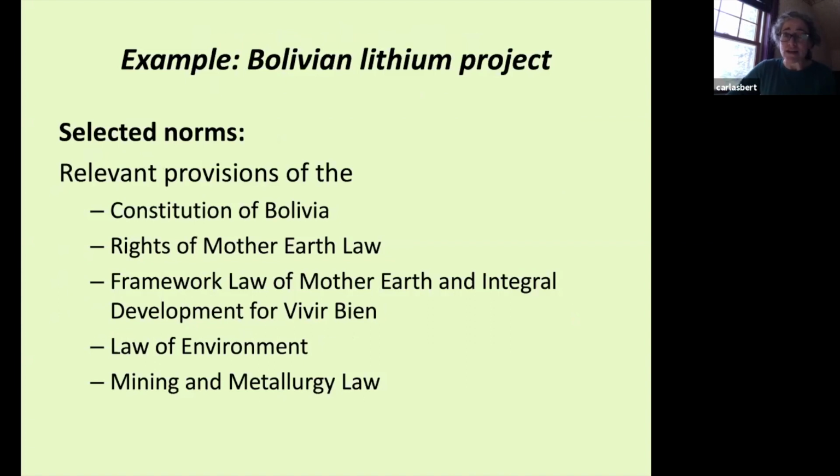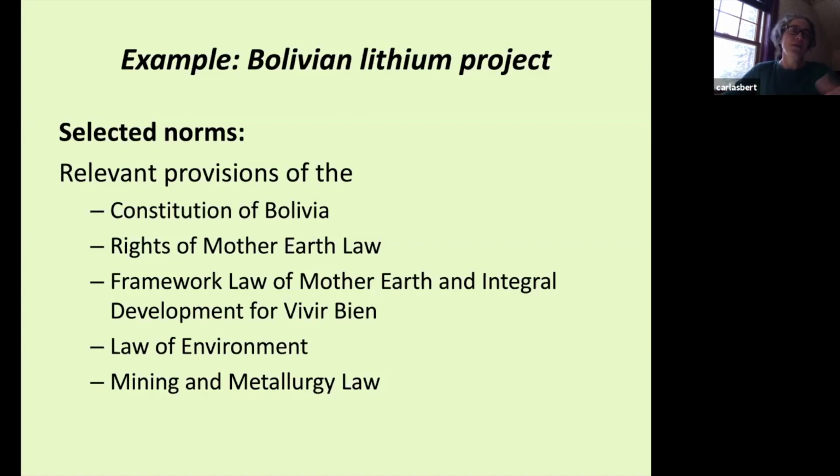So I'm going to get into a little bit more detail of one of these case studies to further illustrate what was involved for me in using the lens. In the case of the Bolivian lithium project, I actually started out by being interested in the fact that Bolivia has certain laws that recognize the rights of Mother Earth, and then I looked at whether they had an important or interesting mining project.